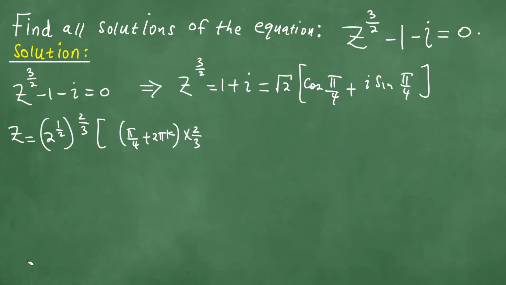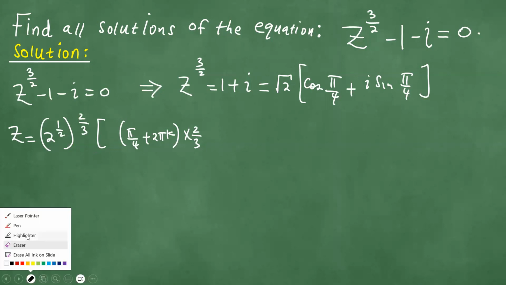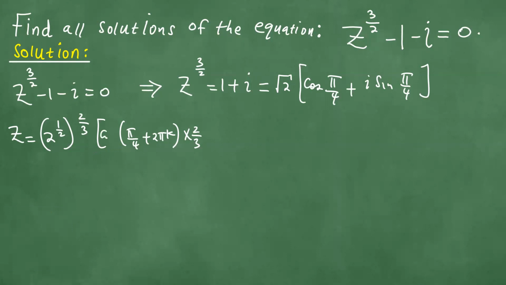So we can write here the cosine, and we close the parenthesis like so. We add to this i times the trigonometric sine of pi over 4 plus 2 pi k, times 2 over 3.